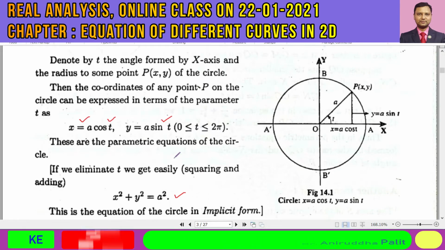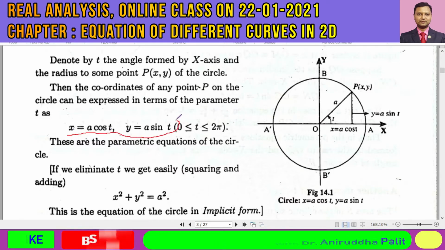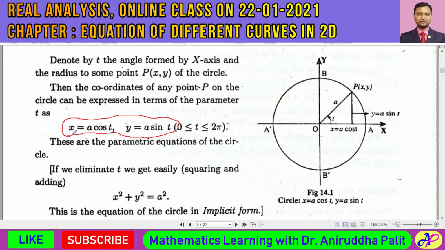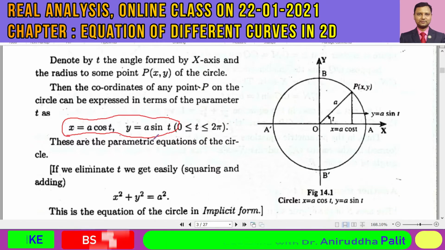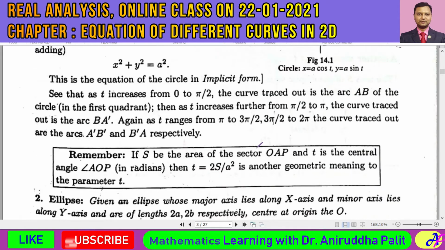So altogether, these two expressions, x is equal to a cos t and y is equal to a sine t, this representation is called the parametric representation or the parametric equation of the circle x square plus y square is equal to a square. And if you consider the range of this parameter for one rotation of the circle, the range should be from 0 to twice pi.